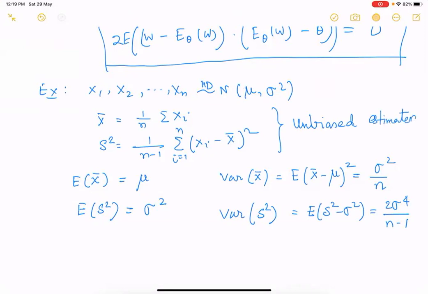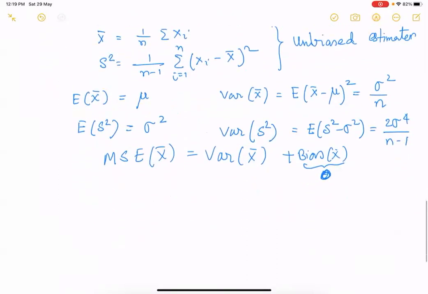The mean square error of X bar is the same as variance of X bar, because bias of X bar is 0. Similarly, mean square error of S square is the same as variance of S square because bias is 0 again.